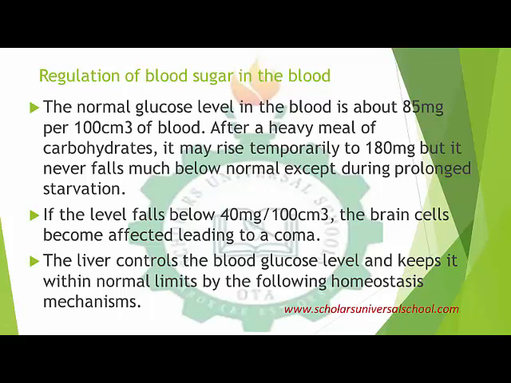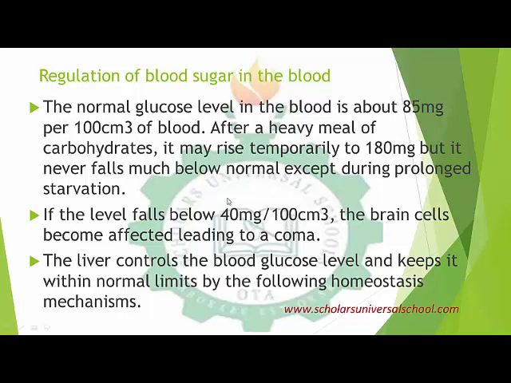If the level of glucose falls below this, the brain cells become affected, leading to coma, because the brain cells need glucose. I said it is about 85, but by the time we eat a lot of carbohydrates, it temporarily rises. But when it falls down, there will be a problem with the brain cells, leading to coma.